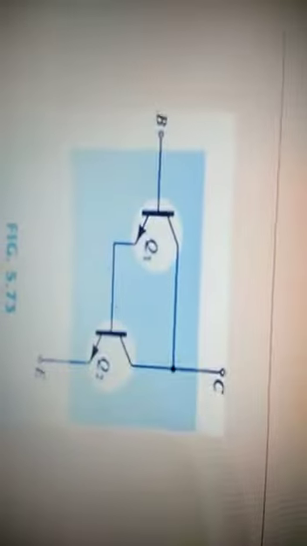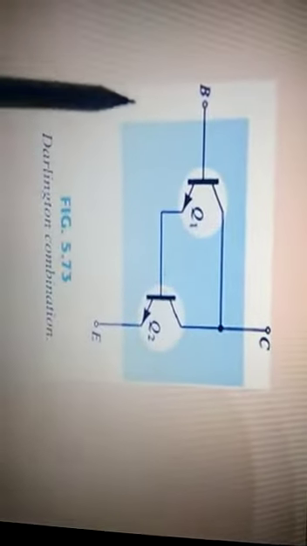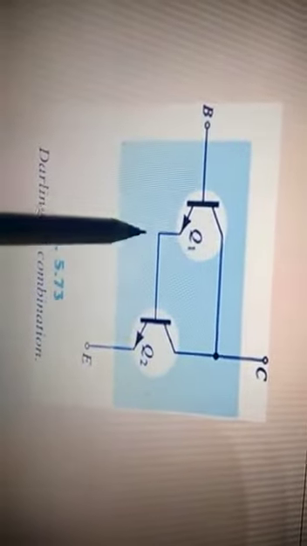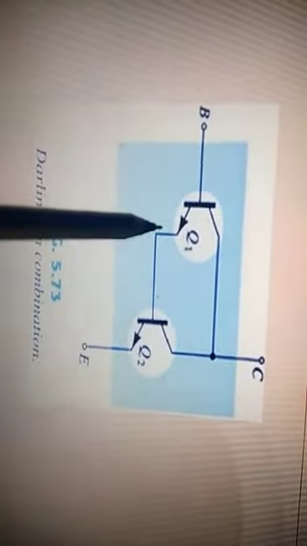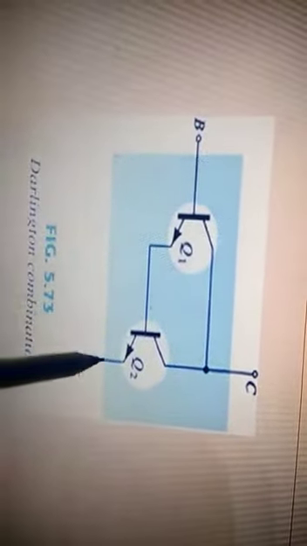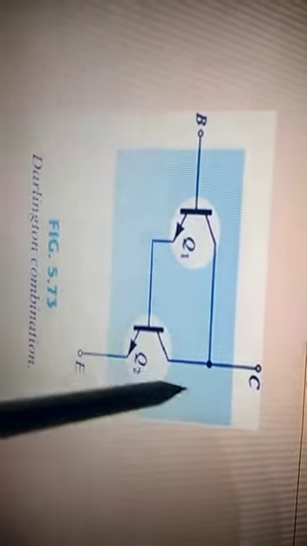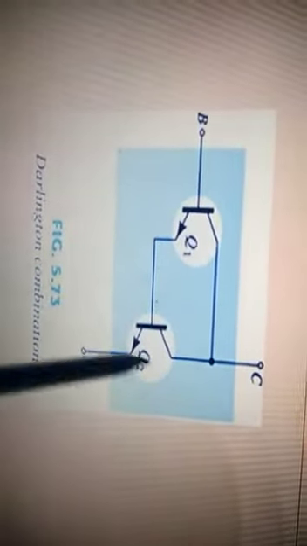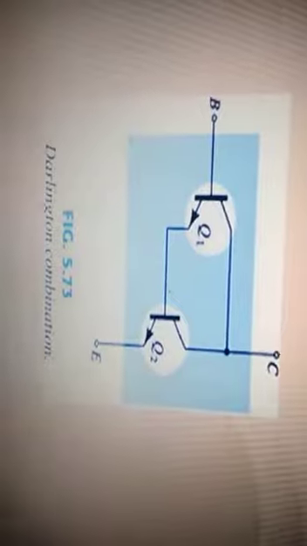And this is the connection of the Darlington pair. You can see here, this is the common collector connection. Output is taken from the emitter. The connection of Q1 and Q2 is called the Darlington connection.